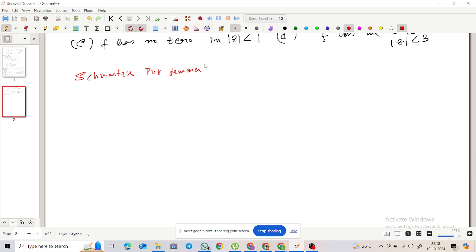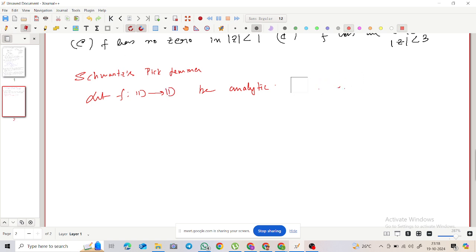If f from D to C is analytic, such that mod of f(z) is less than or equal to 1 for all z belongs to D. Why should I write it that way?